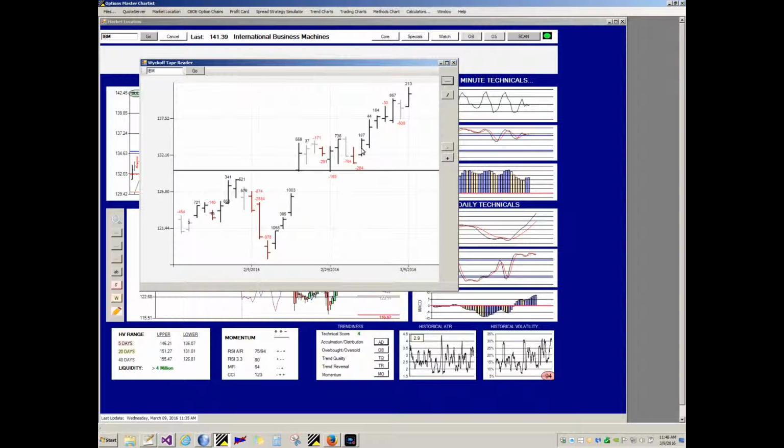But again, the buyers are able to absorb that selling and it was not able to make a new low, and that resulted in today's up bar, which is also an accumulation bar. So at this point in time, at least, the buyers are still in control, and we would probably have to see today's bar close below the open to change that story.